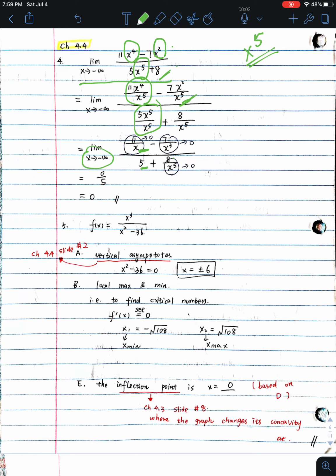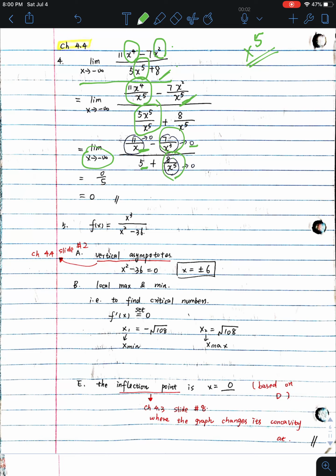So here x goes to negative infinity. When x goes to negative infinity, the first term goes to 0. 11 over infinity is just 0. And the second term, 7 over x cubed, when x goes to negative infinity, also goes to 0.